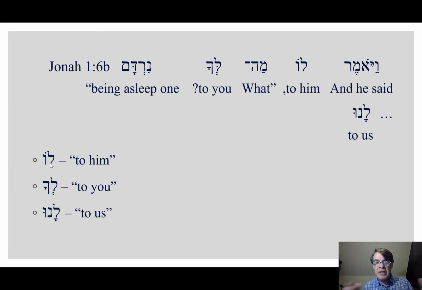So the la is just what happens to be the preposition here, or the word here. It doesn't have to be a preposition. It's the Cholam Vav at the end of something that can mean him or his. The ka can mean you or yours. And then the nu can be us or ours or something like that. So these are pronominal suffixes.